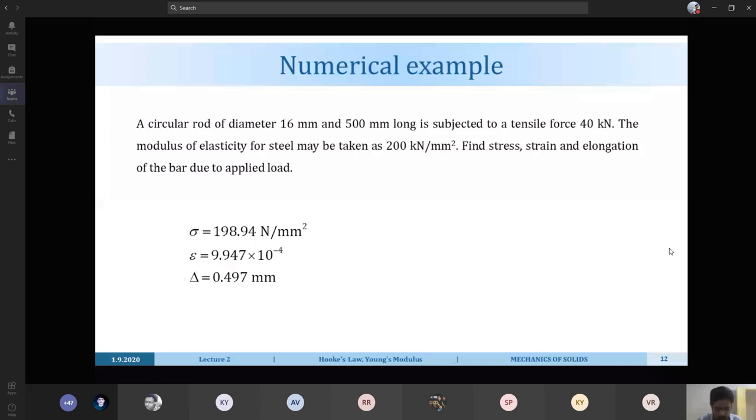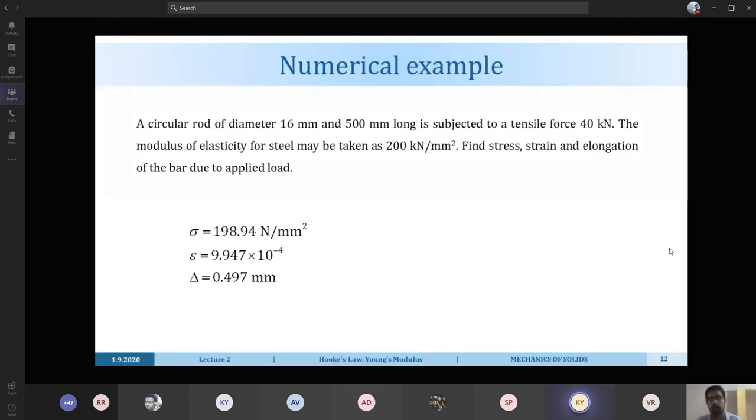Sir, we always take the area perpendicular to the force. Yes. We are considering tensile force here, and the tensile force is acting perpendicular to the cross section. So we have to consider the cross section. Okay, sir.